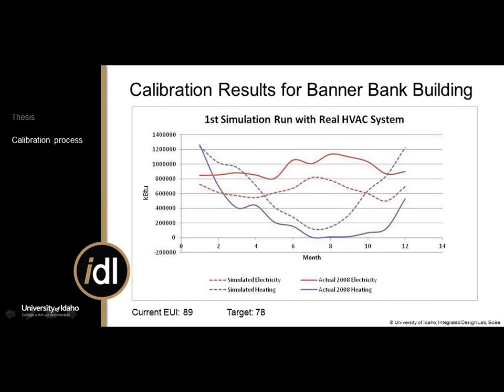After I put the real system in, defining the real HVAC system of the building, you can see it took into account the inefficiency of the equipment and raised the electricity, but I'm still off by 400 in the simulated gas consumption, and 30% off in the simulated electricity consumption.